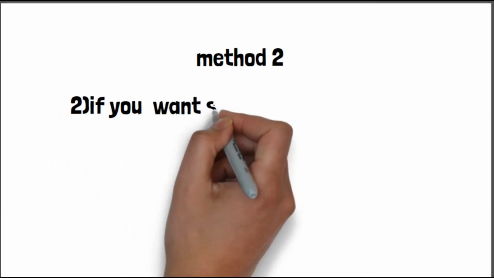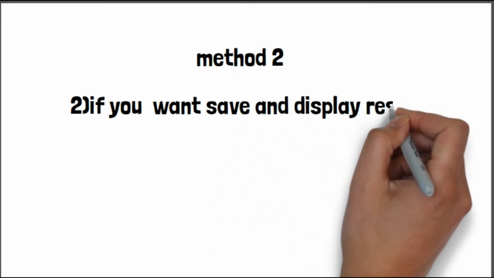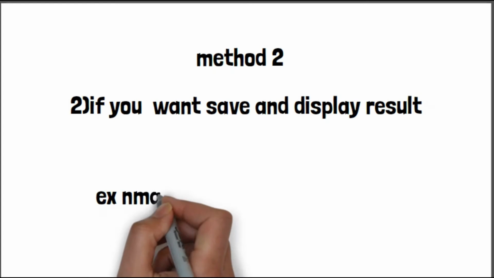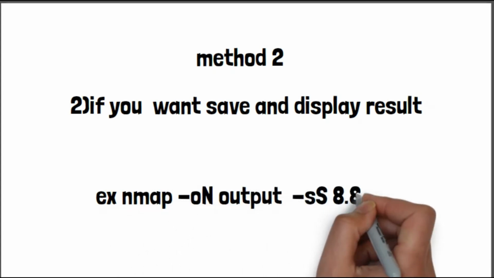Second method, you want to display the result and save the result also. Let's go the same method but with something on. Nmap -oN is one type of command for saving the file and the output.